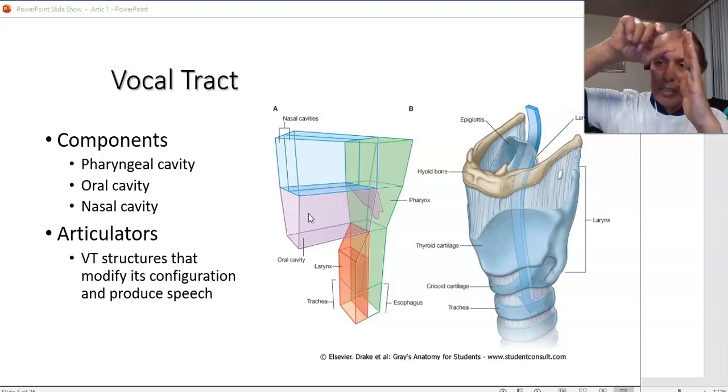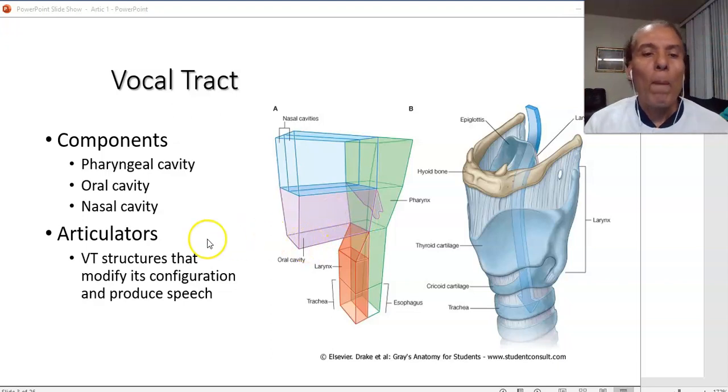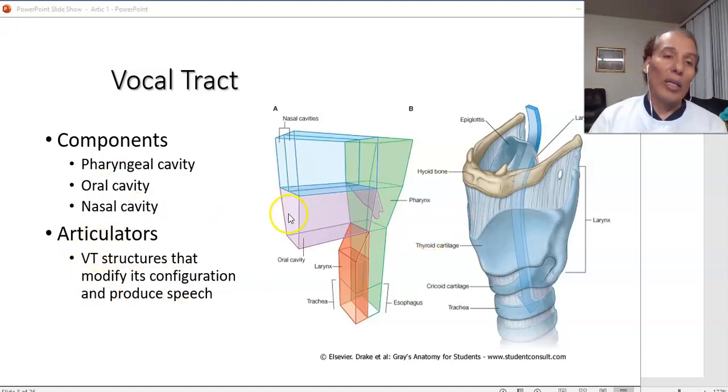So that makes the nasal cavity vibration here low frequency. So again, the articulators, in addition to making speech sounds, they also modify the resonant frequency of the vocal tract.